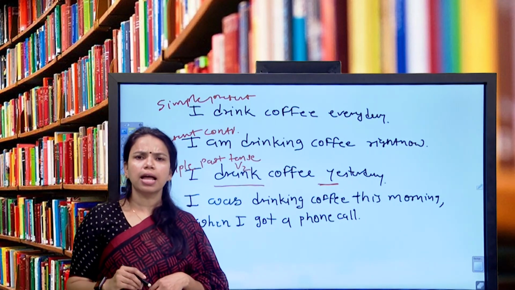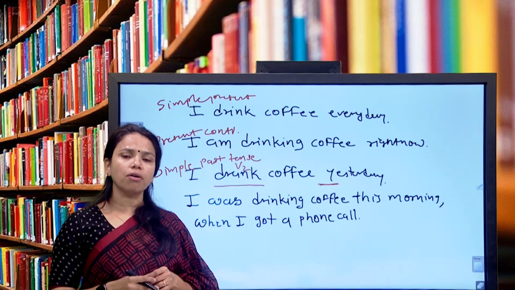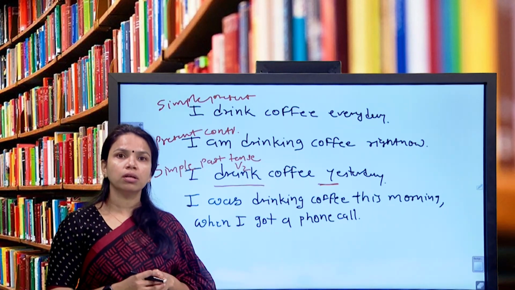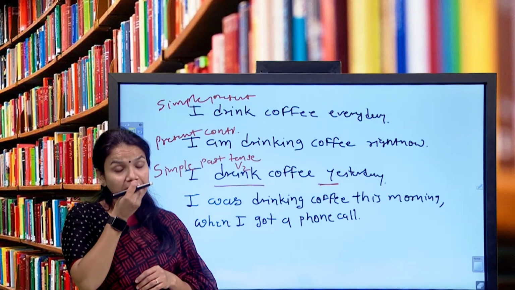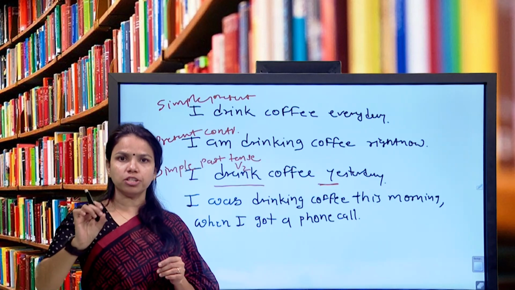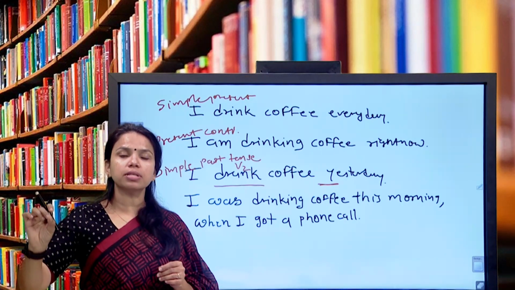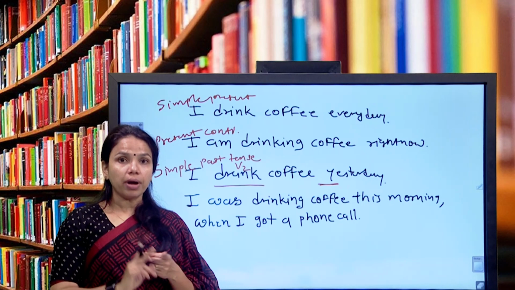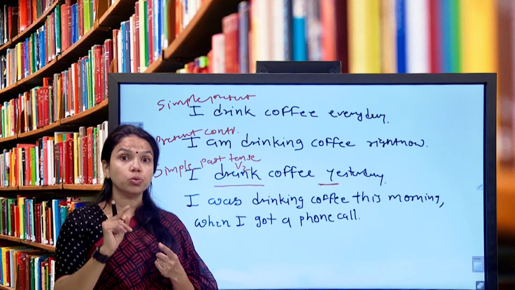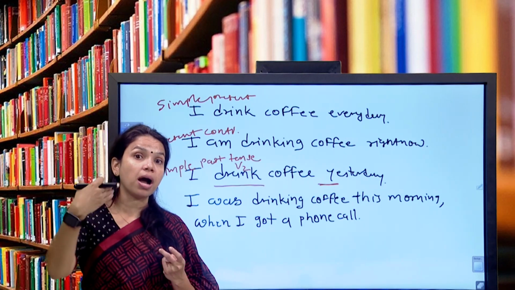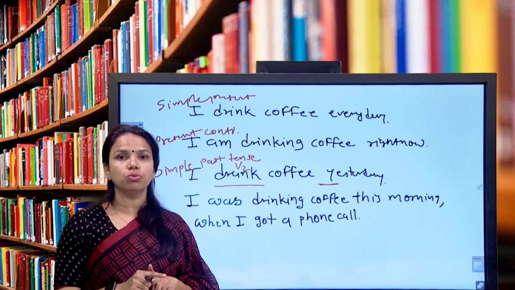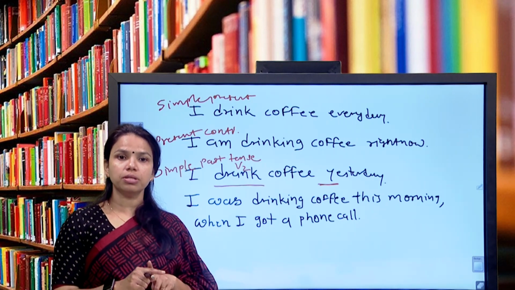Next sentence, I was drinking coffee this morning when I got a phone call. If in any sentence there is an unfinished, ongoing process, a condition going on in the past, that sentence belongs to past continuous tense.